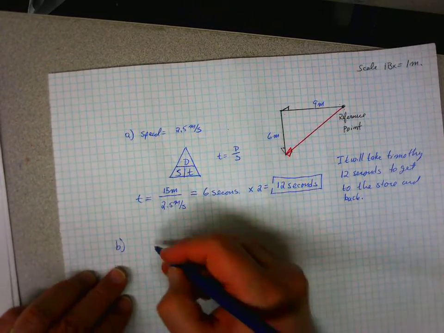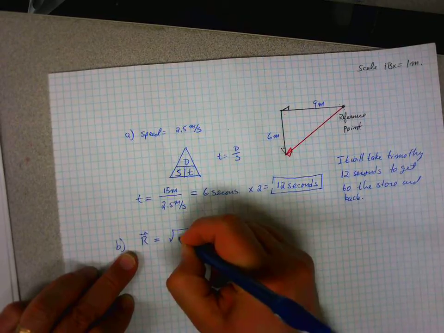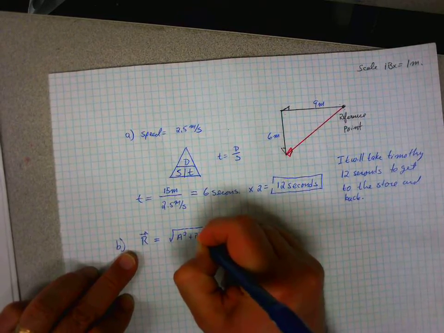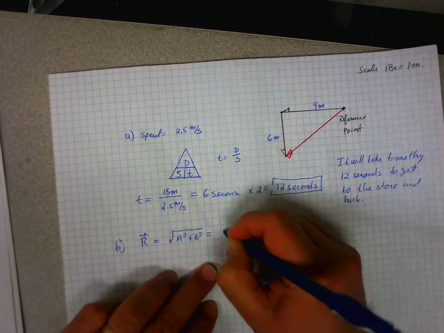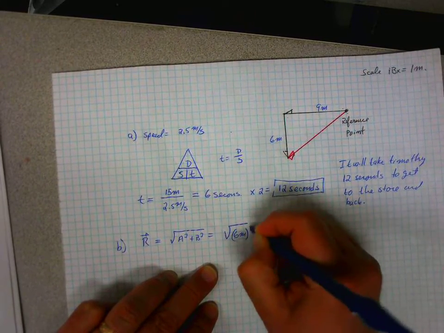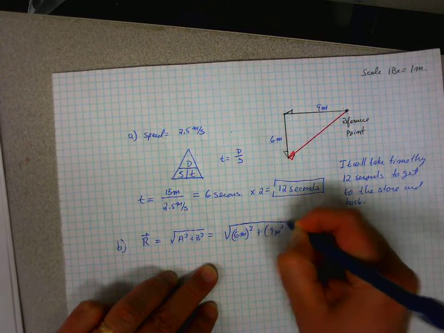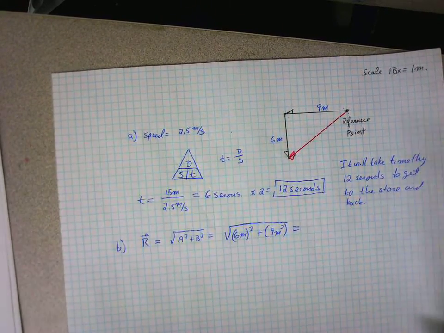For that, again, we're going to use r is equal to the square root of a squared plus b squared. So we get 6 meters squared plus 9 meters squared, and we take the square root of that, and we get the answer.